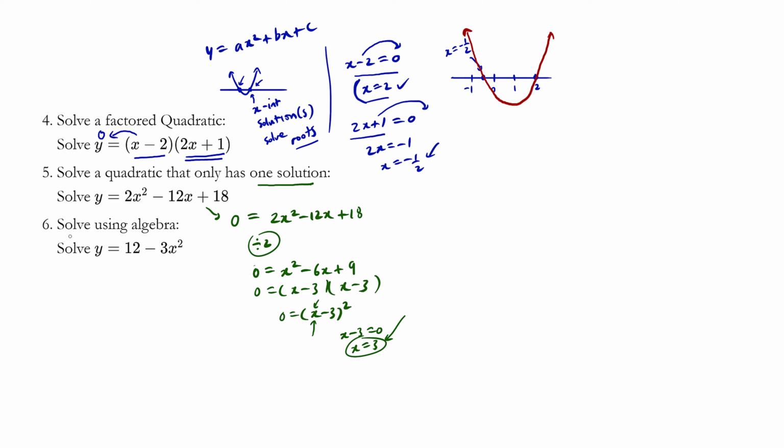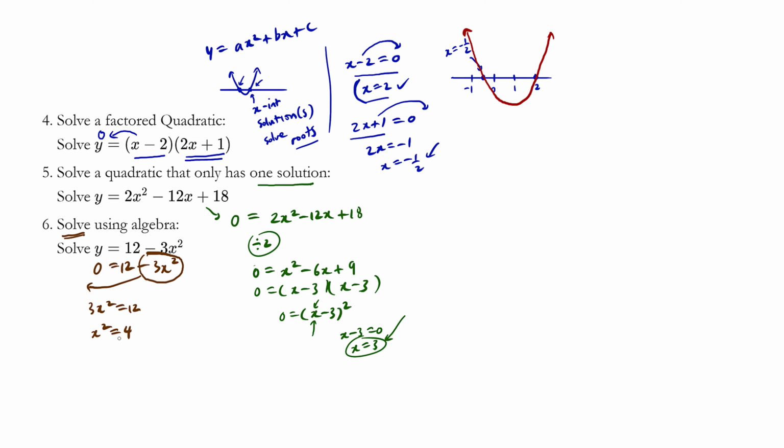Finally, question number 6. We're going to solve the x-intercept, which means set y equals 0 using algebra. We're allowed to take this negative term, throw it over to make it positive. We're going to divide both sides by 3.